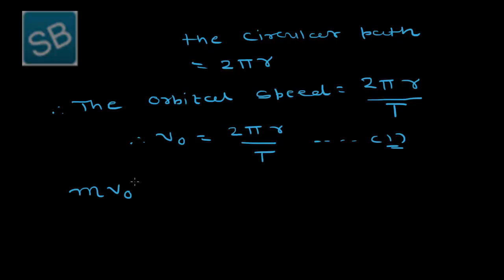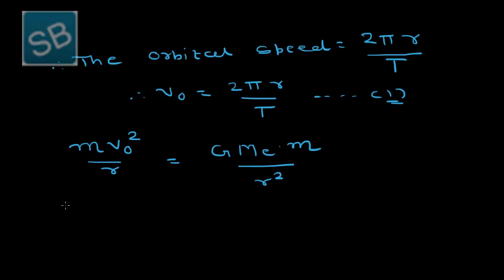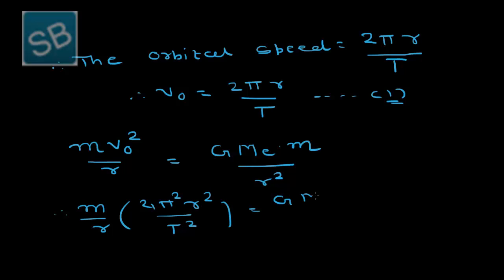If you remember this equation, m v0 square over r was equal to G Me into m over r square, and therefore m over r into v0 square, meaning 4 pi square r square over T square, is equal to G Me into m over r square.